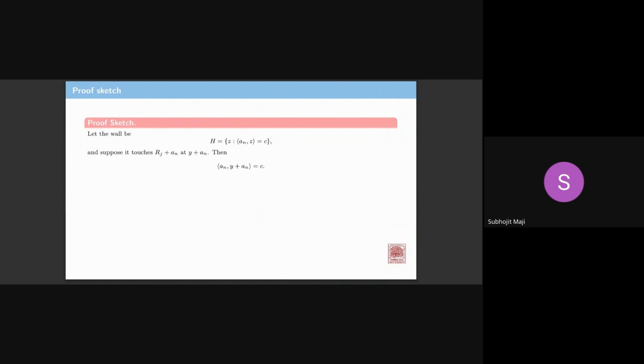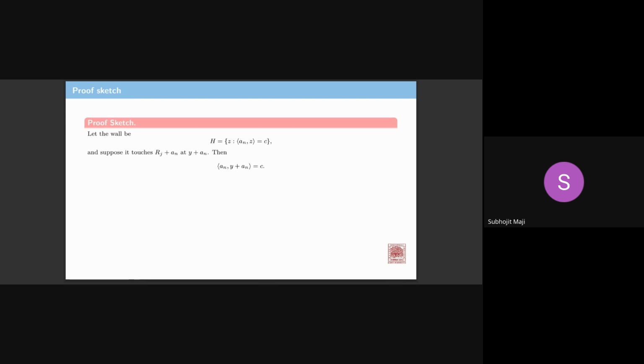So coming back to the mathematical part. This notation is an inner product notation, AN comma j. You can think of it as a dot product; it satisfies all the properties of a dot product. Take the wall H to be all those vectors that have a fixed constant value c for the dot product.